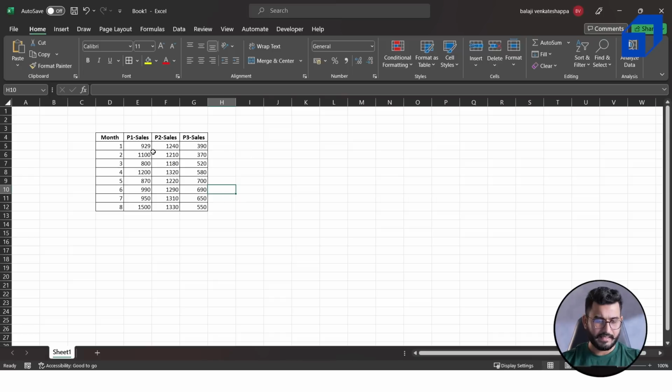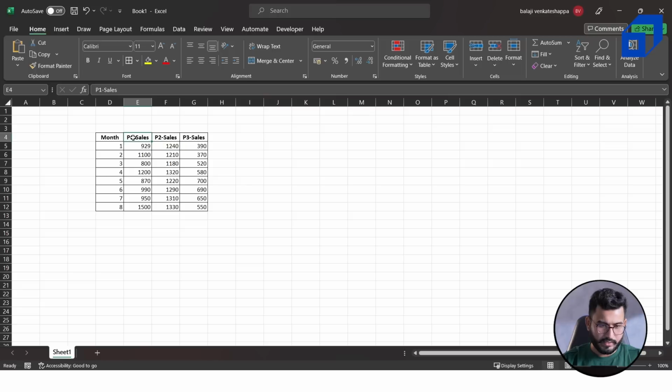Now here you can see I have taken one simple example, and here we'll be using all the measures, which is measures of central tendency and measures of variation, to understand how these three products are performing in terms of sale. And please remember, this is the number of units.